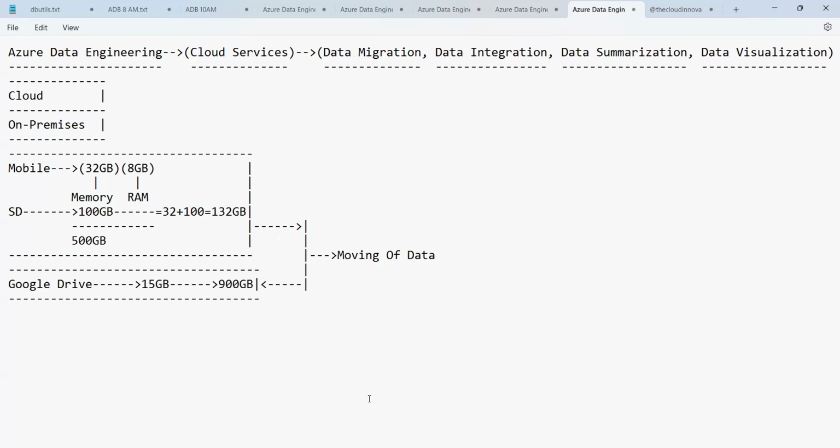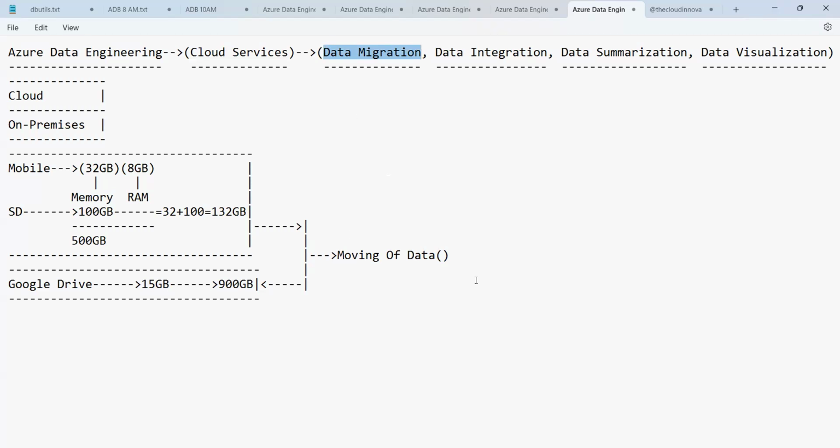Technically, moving this data from your mobile phone to the Google Drive is called the process of data migration.